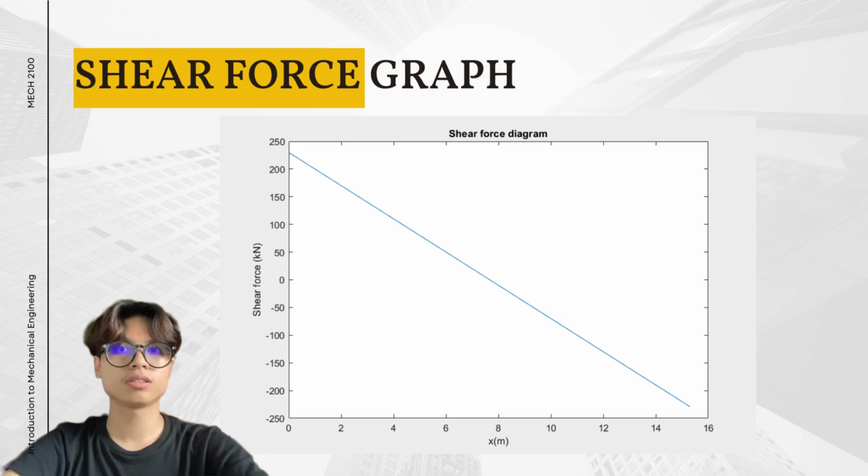After we run the MATLAB coding, the shear force diagram and also the bending moment diagram appear on our screen. As we can see on the slide, there is the title shear force diagram, the x-axis is x in meter, and the y-axis is shear force in kilonewton. The straight line shows that the relationship of the shear force acting on the beam is linear.